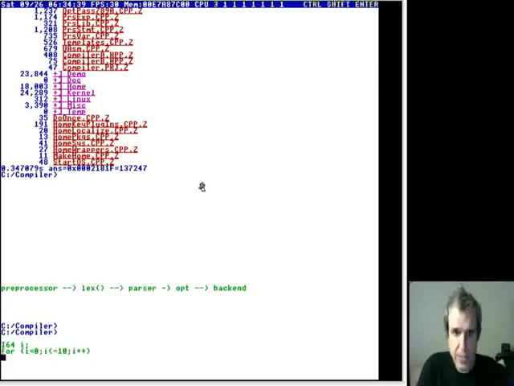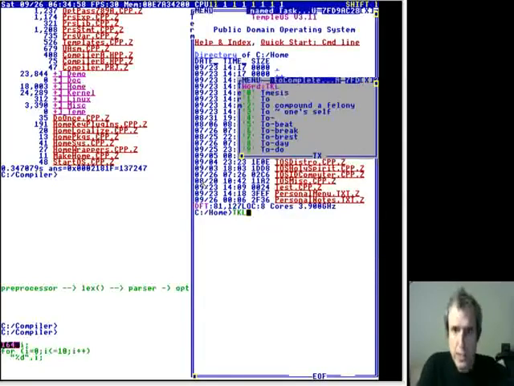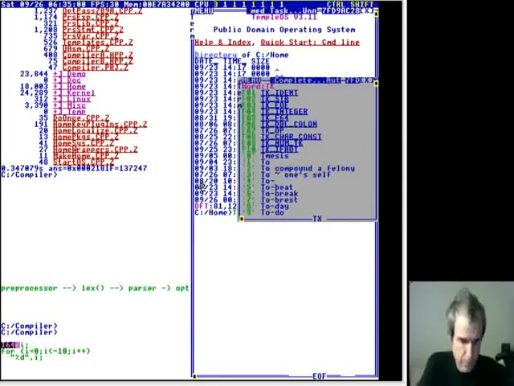If I have something like this, alphanumerics are combined together into a token of an identifier. This is called an identifier. Here are all the tokens.